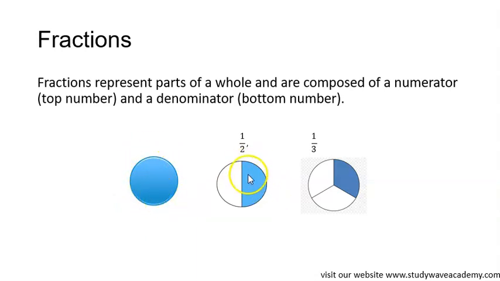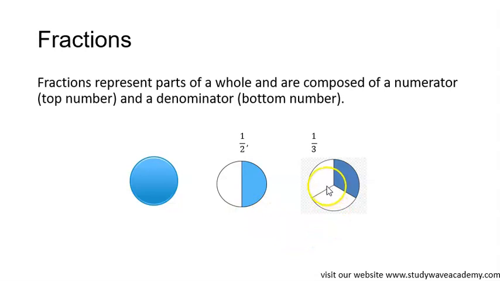When it's divided, the shaded part is the fraction, okay? 1 over 2. The shaded part is the numerator. 2 is the whole object that is divided, okay? The shaded part is the up number, the numerator, and the denominator is the whole object that is divided into 2, okay?